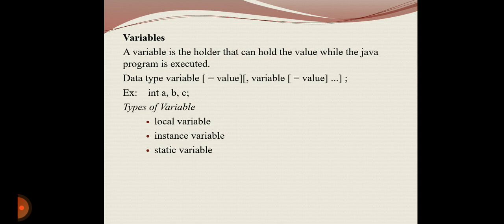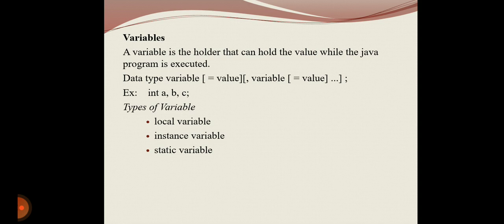The next one is the static variable. If the variable is declared as static, the keyword static is used, and only one copy of this class variable per class can be created. Moreover, these can be declared as public, private, final as well as constants.